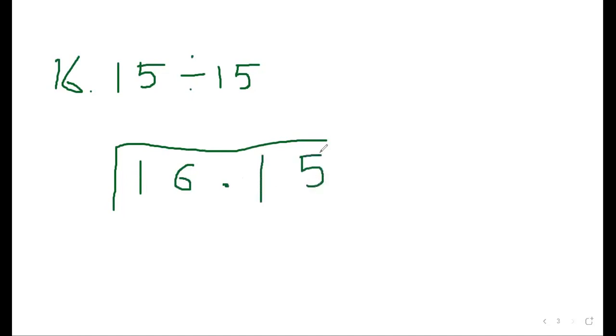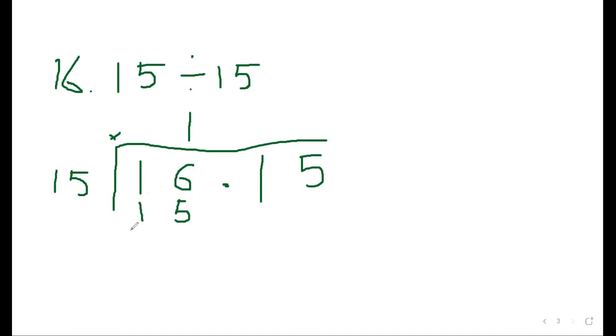I'm doing the short method, understood? Now, 1 divided by 15 is 0. I can take 16 divided by 15 is 1, correct? So 1 times 15 is 15.